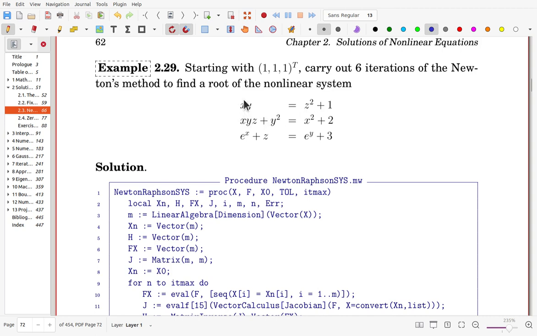So we define, after moving this one here, f1, and now f2 will be this one minus that one, and f3 will be this one minus that. So we have 3 nonlinear equations, and we start with 1, 1, 1, and we'll try to find a solution.